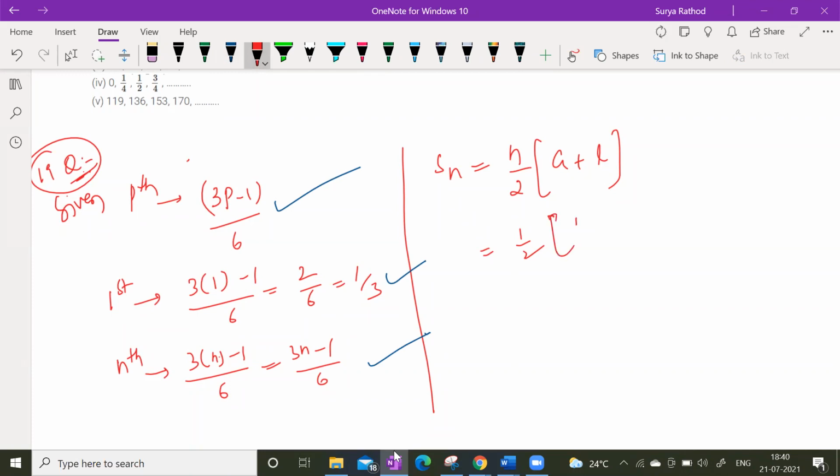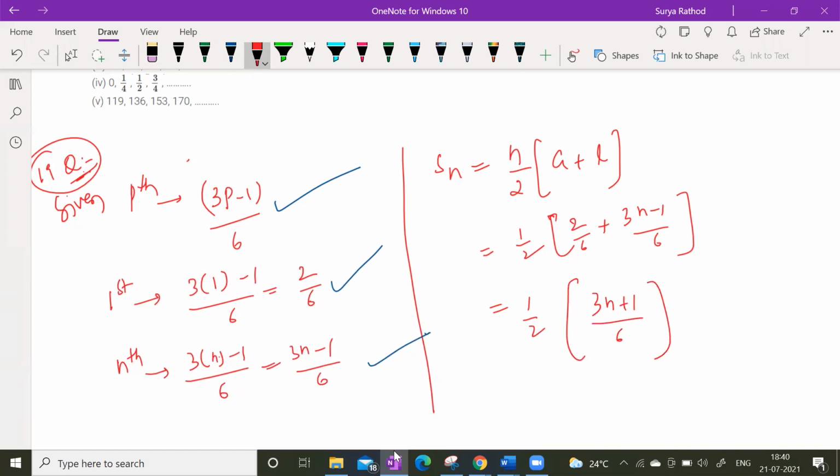So what was my a here? 1 by 3. What was my last term here? (3n minus 1) by 6. Or you write 2 by 6 as it is. 2 by 6, let it be. Here also 2 by 6. So what can I write here? 1 by 2 times (3n minus 1) plus 1 by 6. Clear? So (3n plus 1) by 12.